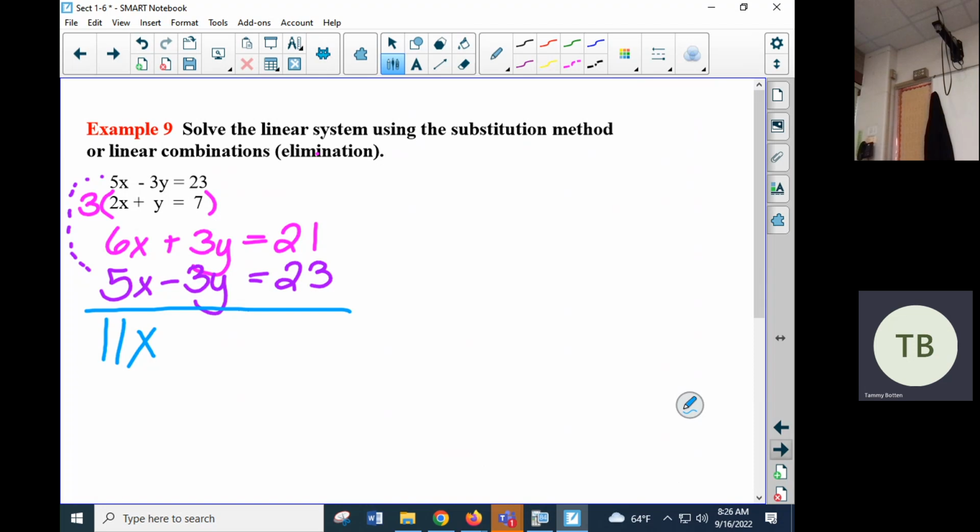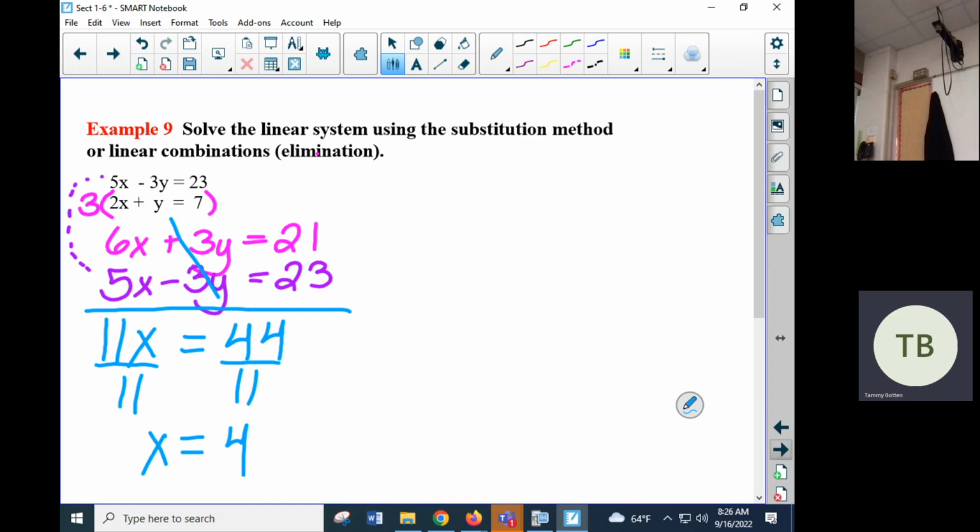Do you guys get that a positive 3y and a negative 3y are going to cancel out? So these are gone. And then 21 plus 23 is 44. Now you go ahead and solve that. So divide by 11 and x is 4.